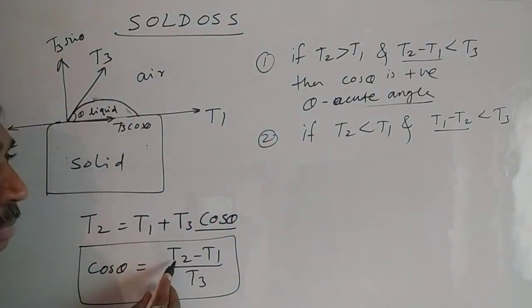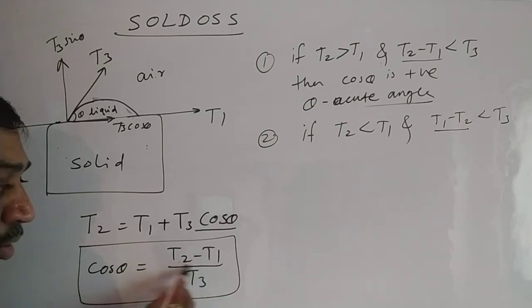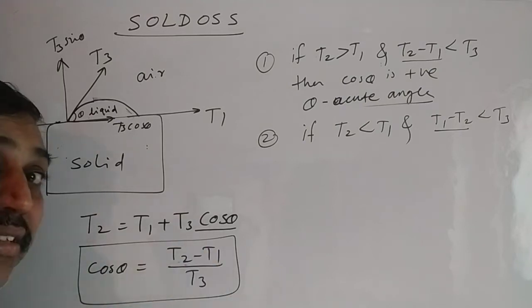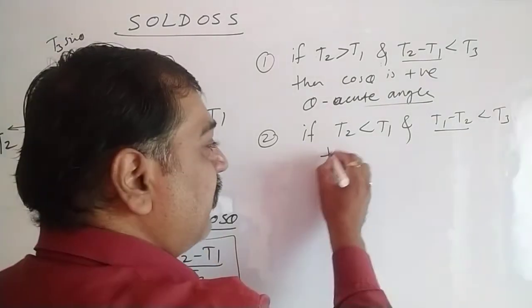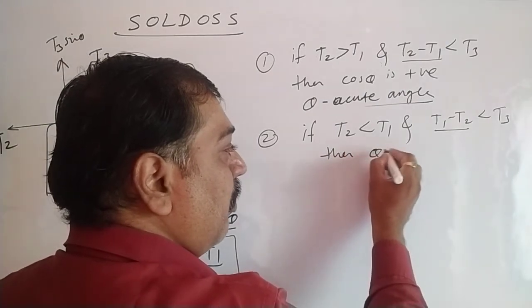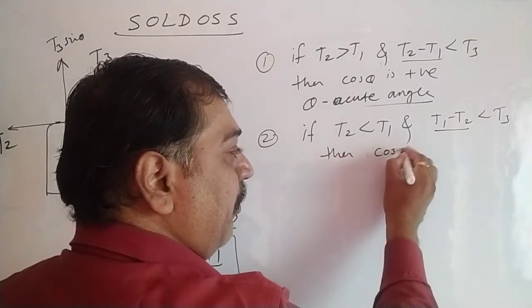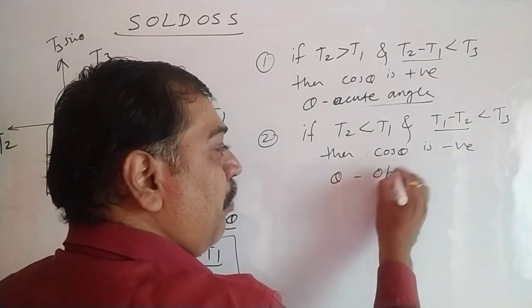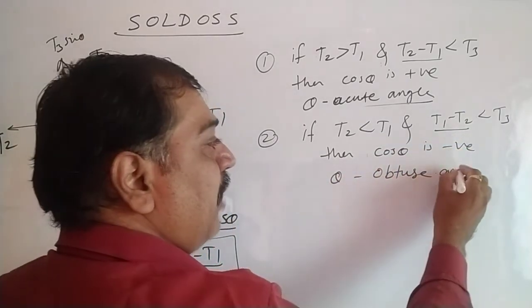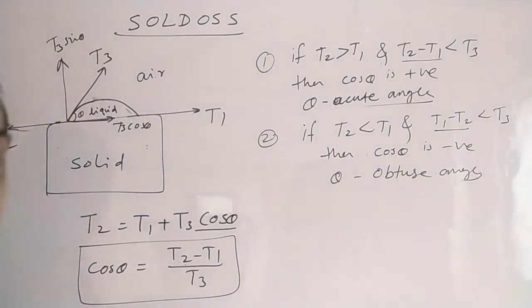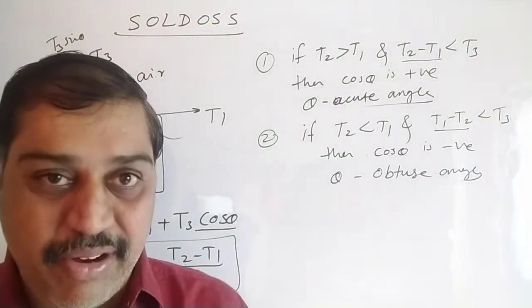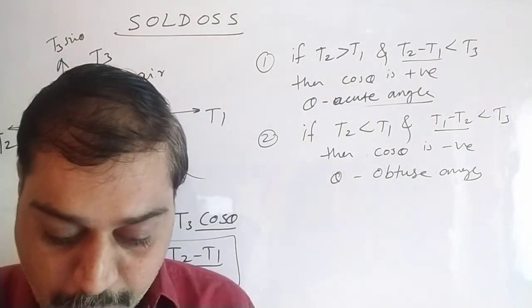In this equation T2 is less than T1, so the numerator is negative, and its magnitude is less than 1. Then we can say cos theta is negative, and if it is negative, theta is an obtuse angle, greater than 90 degrees. Same thing is given in your book, figure 2.20b. I have not drawn it here, but that is the obtuse angle.